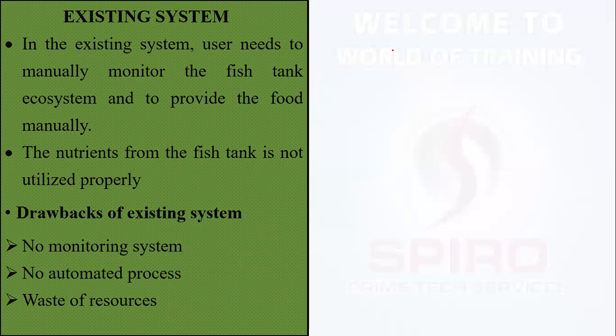Existing system. In the existing system, the fish tank is manually monitored. So nutrition for fish is not utilized properly.